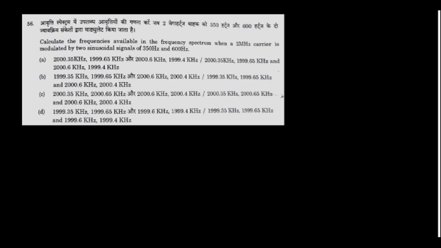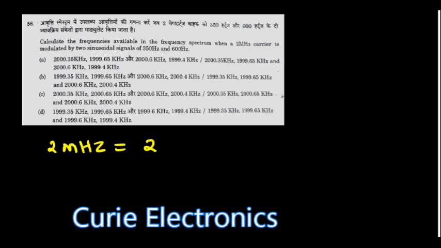Calculate the frequencies available in the frequency spectrum when a 2 MHz carrier is modulated by two sinusoidal signals of 350 Hz and 600 Hz. So 2 MHz we can write as 2000 kilohertz.